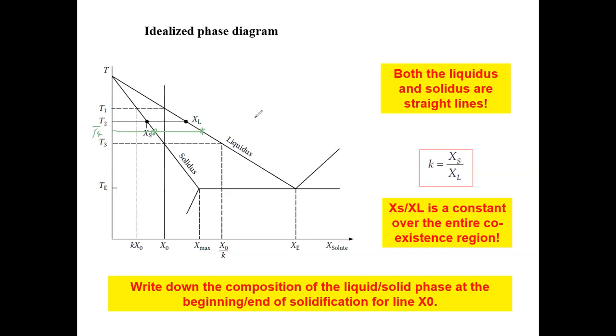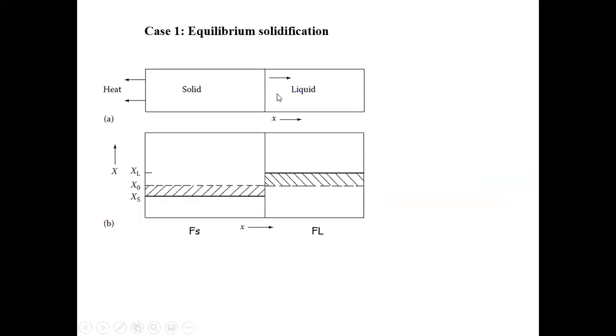Okay, so now if we map this to the actual snapshot for the solidification process, which is on the next slide, let me illustrate that. So basically, you're going to move this a little bit to the right. This is supposed to be a straight line, okay?